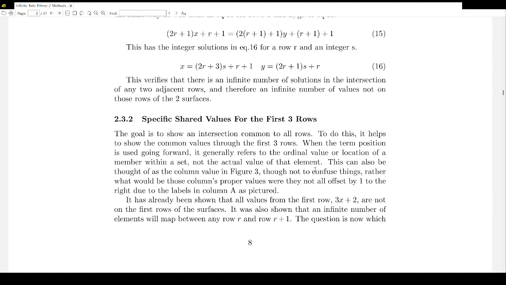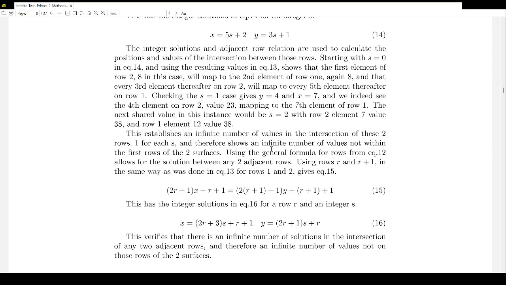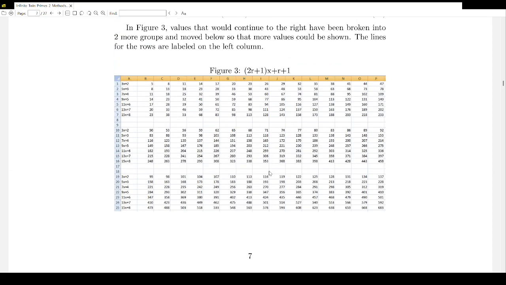And I get convoluted here a bit, but, not to confuse things, rather what would those values be if they were not all offset by 1. When I talk about the position, this is something I wrote in the paper, but I can explain it more quickly in words. If I say the fifth, I'm talking about 1, 2, 3, 4, 5. But according to this picture, I have the value of the line out here.